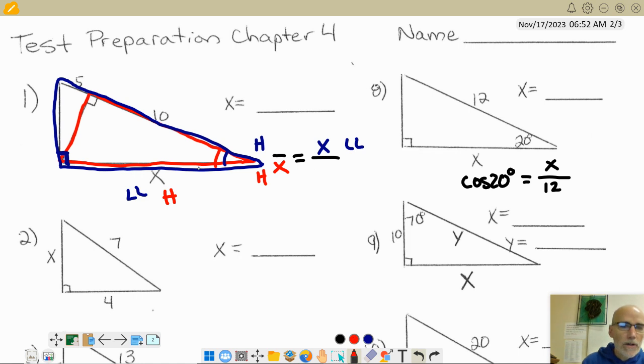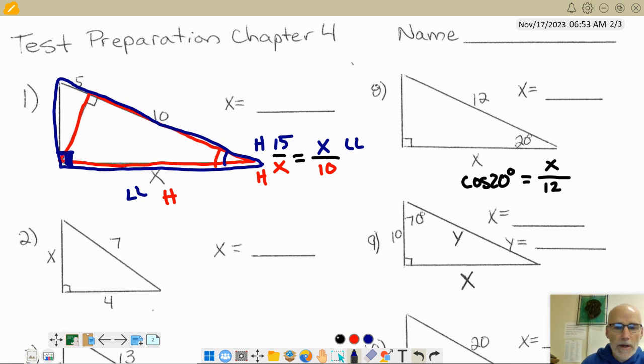And what's the long leg in the red triangle? The long leg is over here. It's 10. See the red triangle right there, right? Here's the short leg. Here's the longer leg. So I'm putting the long legs over here. And then I need the hypotenuse in the blue triangle. Where's the hypotenuse in the blue triangle? Okay, here's the right angle. The hypotenuse is 15.